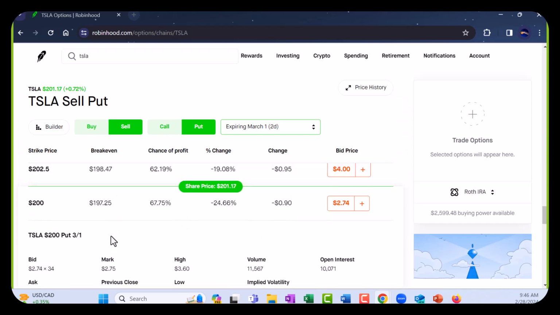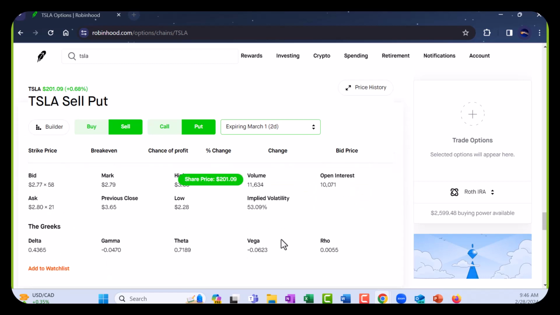Typically, I do these the morning of the day of the exercise, but sometimes I do it the day before, especially if the option is out of money. You want to use passage of time. Look at the theta on this option. It's 0.71. That means if nothing happened to Tesla price, tomorrow morning this option would be trading at 70 cents less.